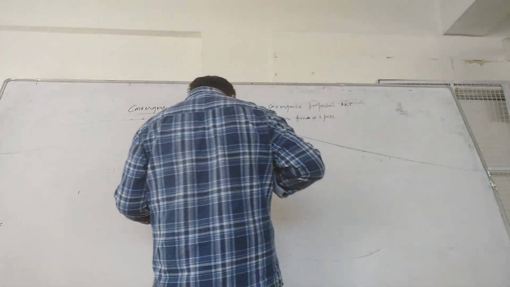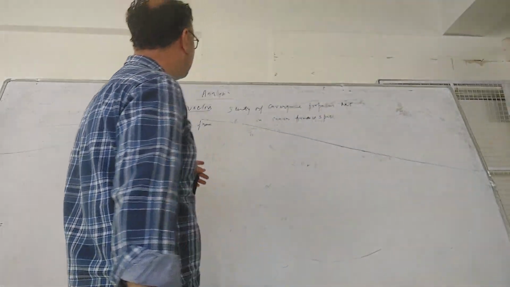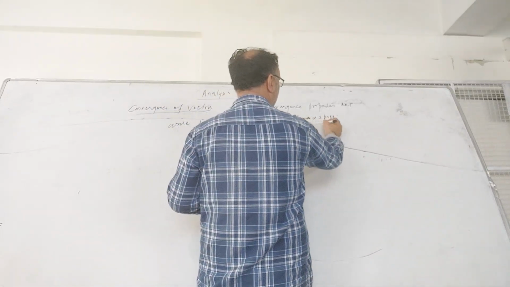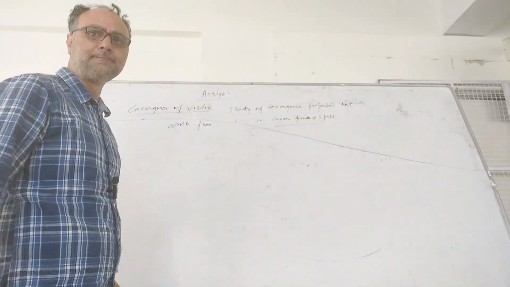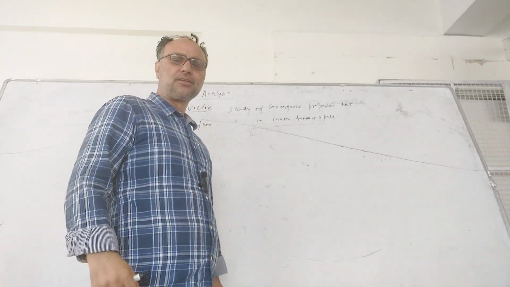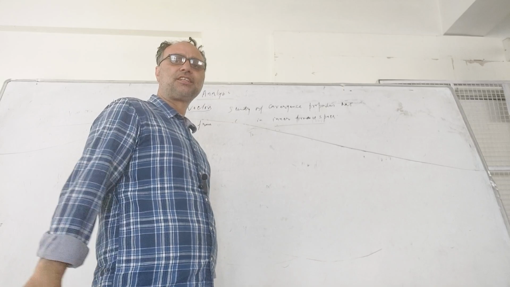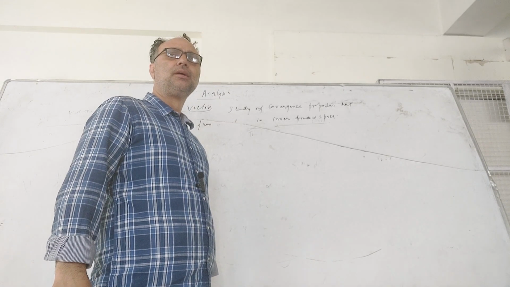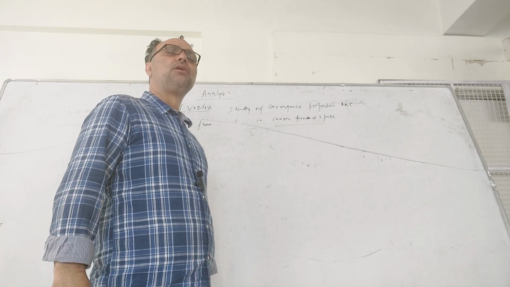So this is our thing, that how we can study convergence properties which arise from these inner product spaces, which were particularly constructed from how we define complex vector spaces. That's one.